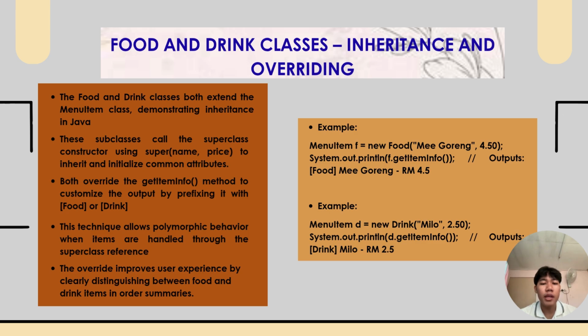Both override the getItemInfo method to customize the output by prefixing it with food or drink. This technique allows polymorphic behavior when items are handled through the superclass reference. The override improves user experience by clearly distinguishing between food and drink item in order summary.